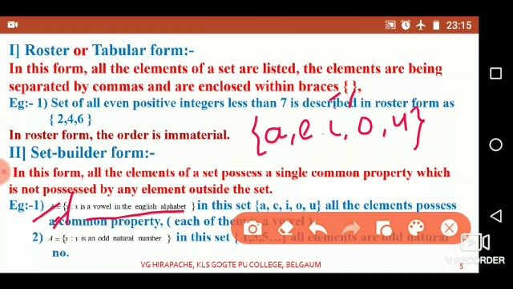These all elements possess a single common property. The elements B, C, D do not possess it, so these are not the members of the given set. Such a set is called a set builder form.